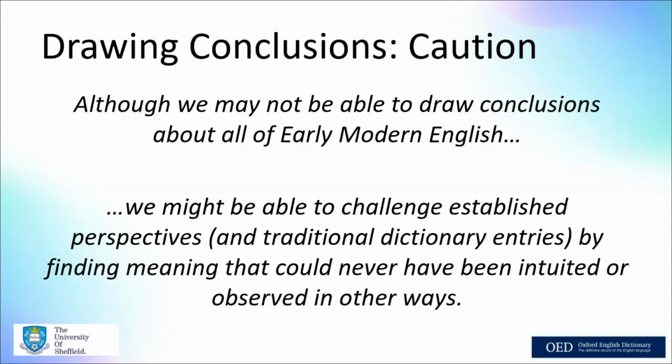And I think, and we've talked about this a lot in the project, in a way we hope, that we might be able to challenge some established perspectives and maybe even challenge some traditional dictionary entries by finding some meanings and some discourses that might never have been intuited by any given human reader of early modern English, and that might never have been observable without this trio and quad system that links directly to texts.